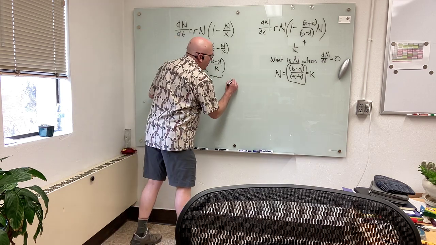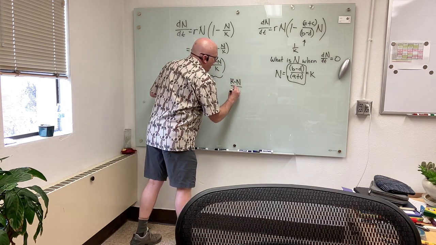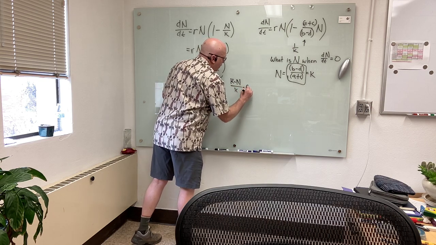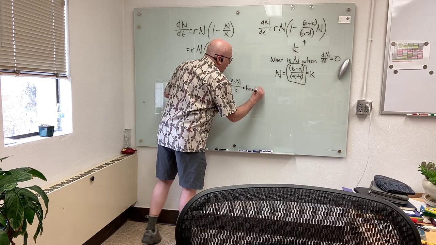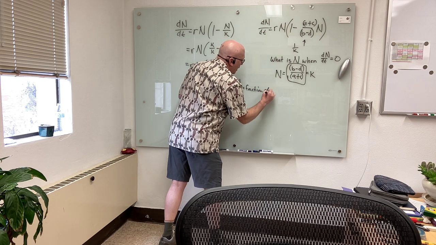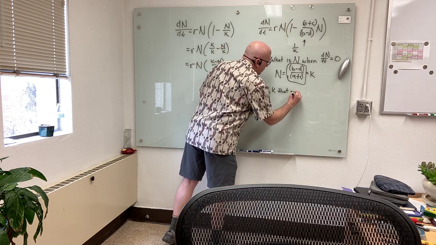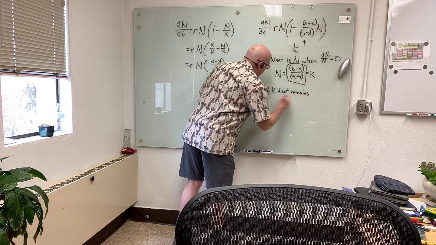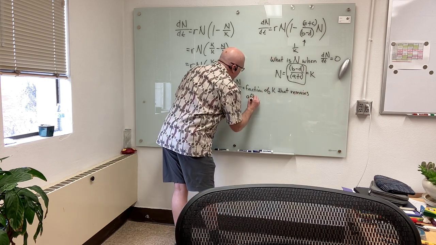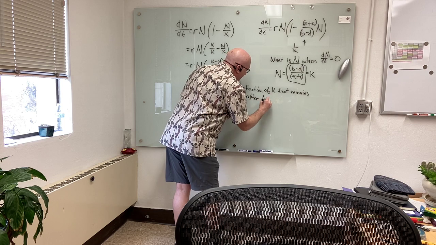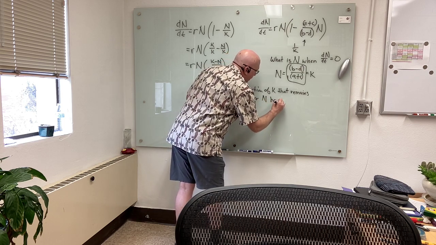And k minus n over k is a fraction, but it's a very specific fraction. It's the fraction of k that remains after a certain number of individuals, n, have used some of it up.